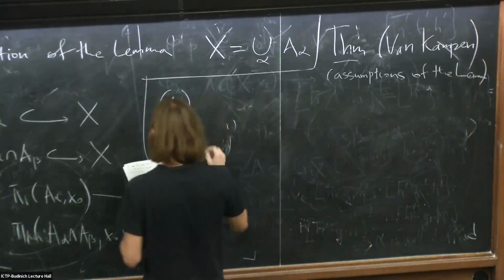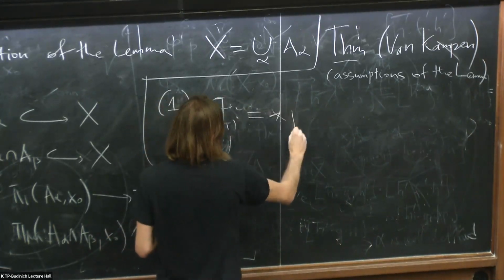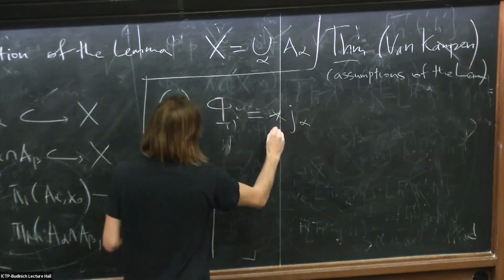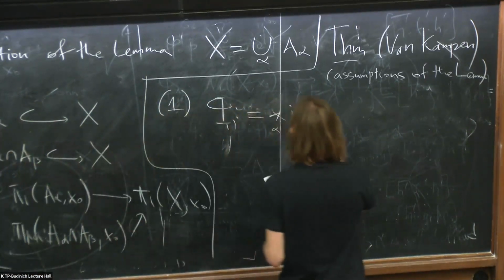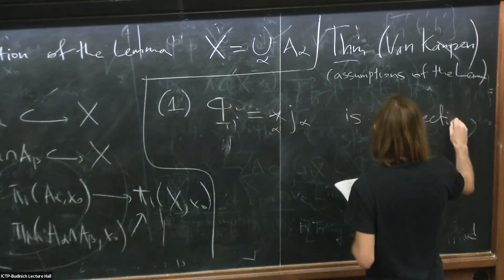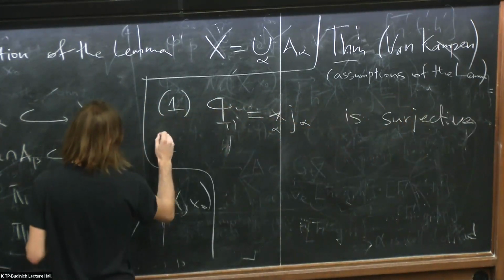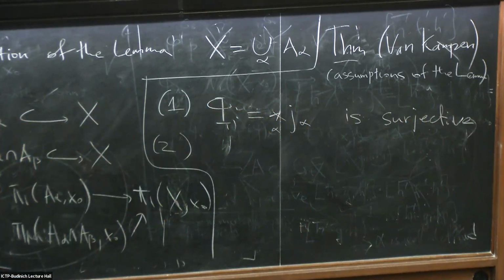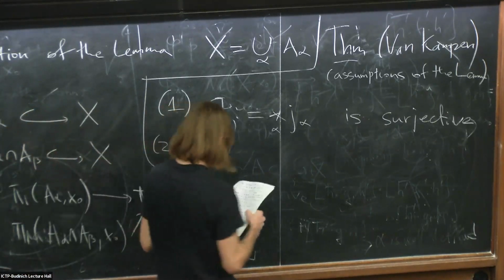The first part is that if you consider phi, which is the free product of the homomorphisms J alpha, this is surjective. So this free product is a map from the free product of the pi 1 of A alphas to pi 1 of X.